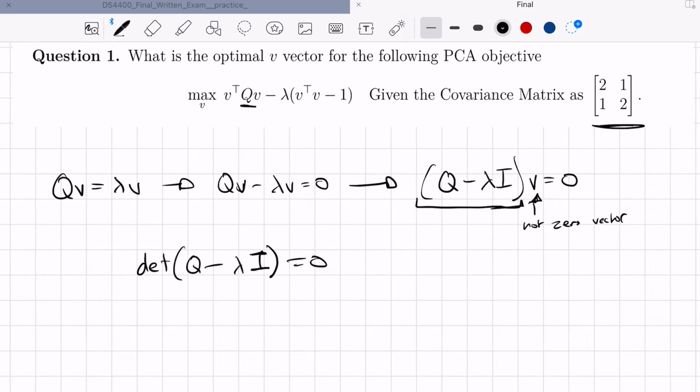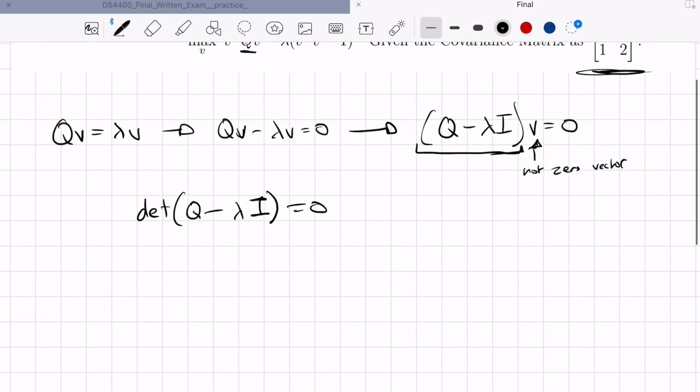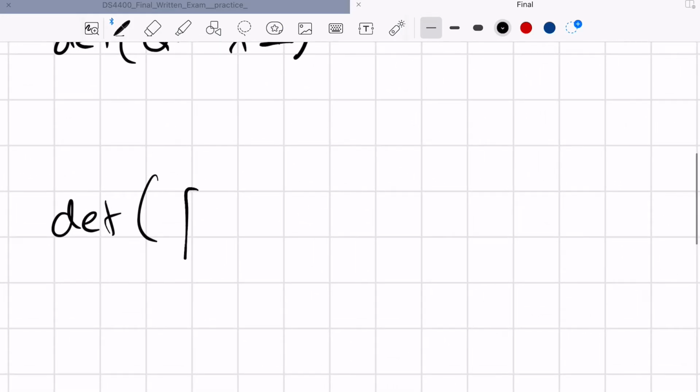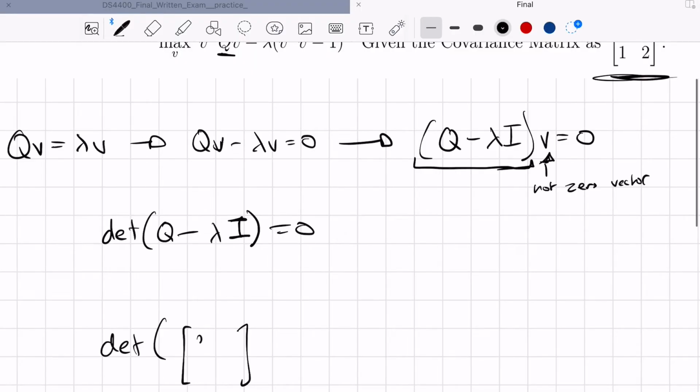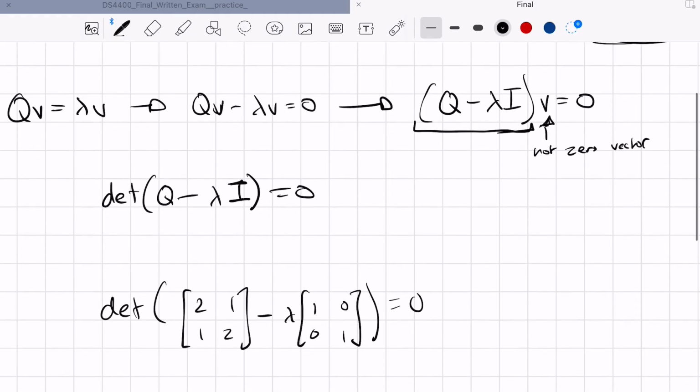Setting this up, we have our Q matrix here, and so we want to say that the determinant of [2, 1; 1, 2] minus lambda times the identity is equal to 0.